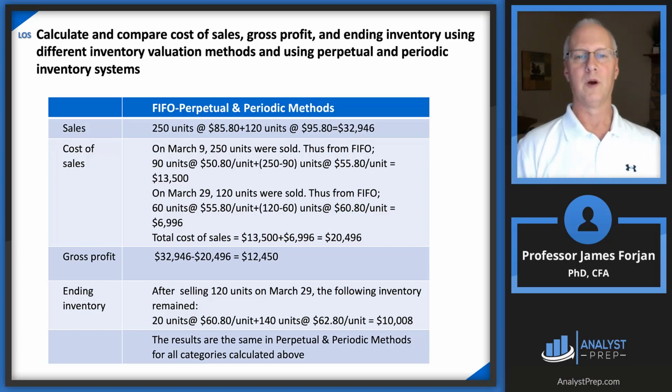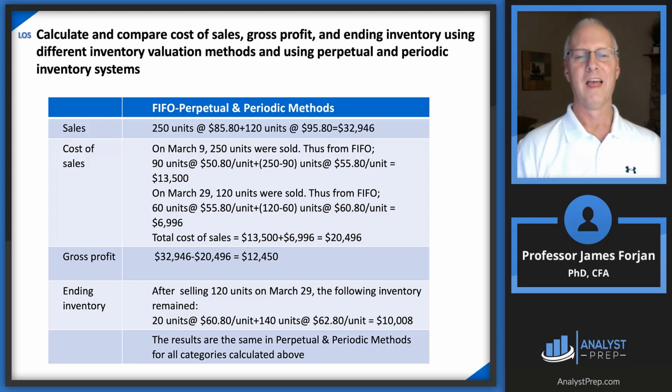And so the March 29th sale gets us $69.96 worth of a cost of goods sold. So if you add the $13,500 and the $69.96, you get $20,496. And subtracting that from the sales gets a gross profit of $12,450.